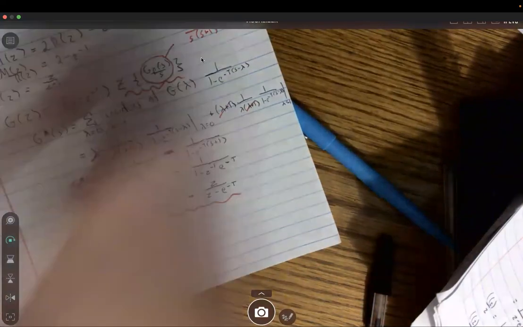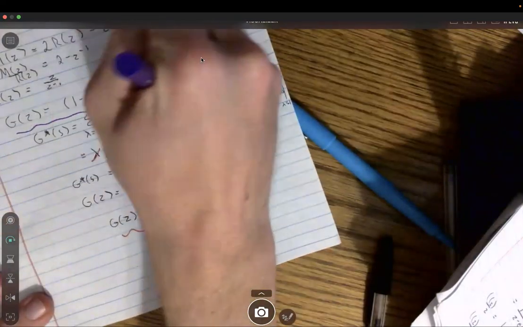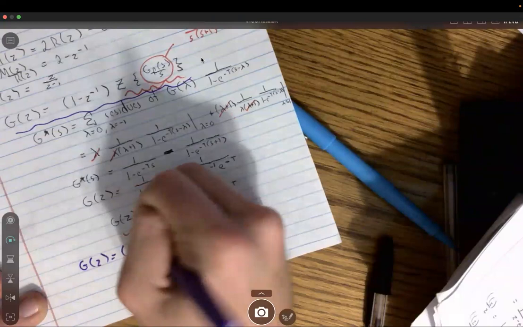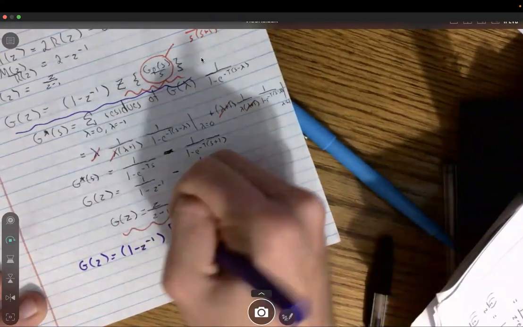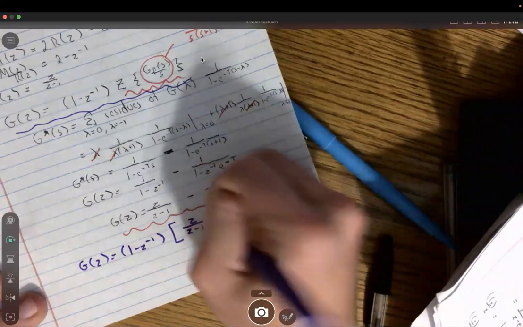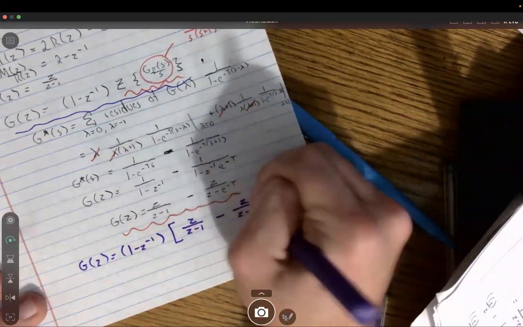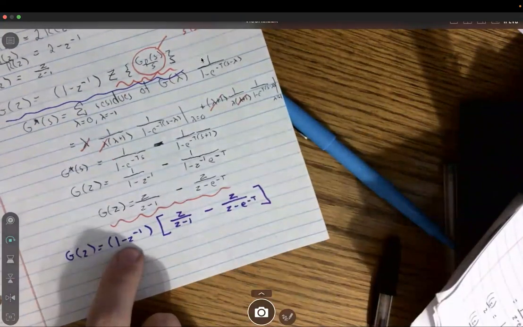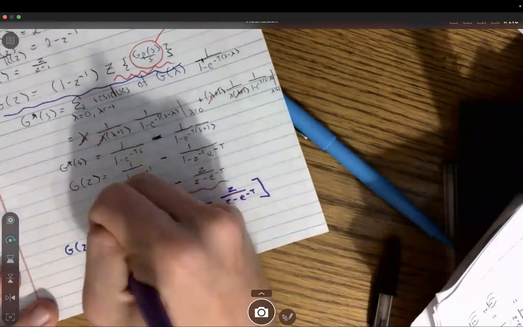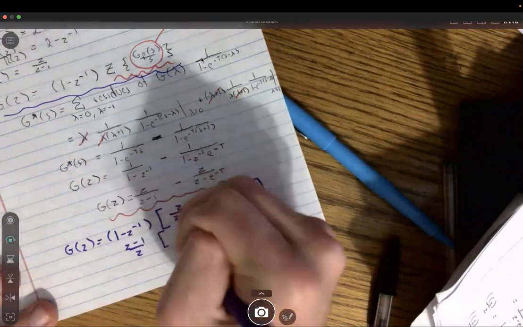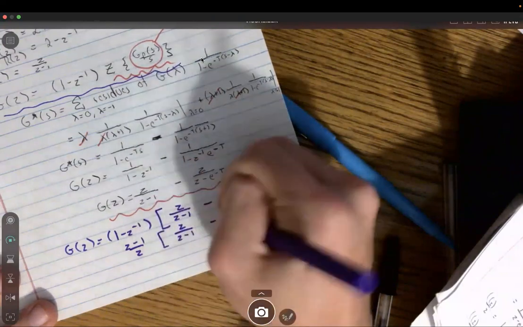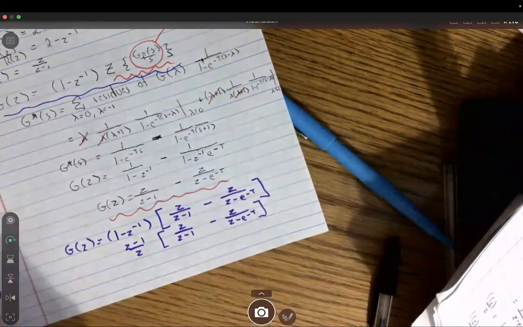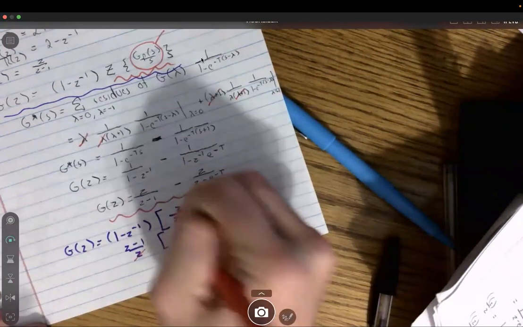Now multiplying in front here, we get our G(z) equal to 1 minus z to the negative 1, and then here we have z over z minus 1, minus z all over z minus e to the negative T. Now, you can represent this as z minus 1 over z, all over z minus 1, minus z all over z minus e to the negative T. You're going to notice that the z's will cancel.